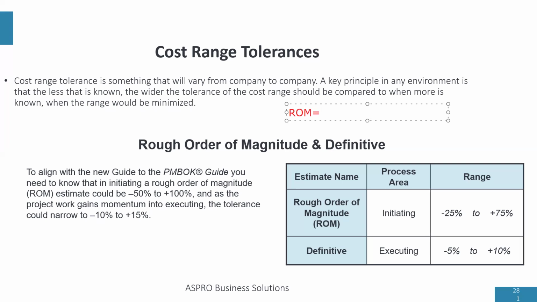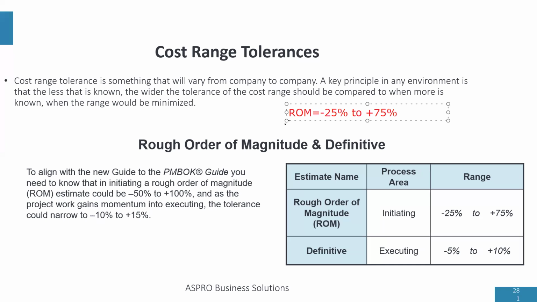It means that when you're starting a project and you want to come up with an estimate, you can use a rough order of magnitude, which is minus 25% to plus 75%. Now, what does this rough order of magnitude mean?